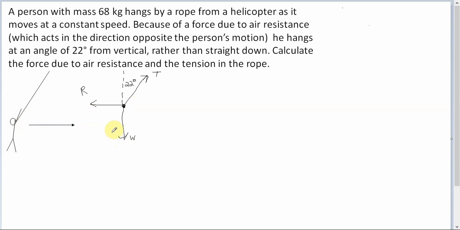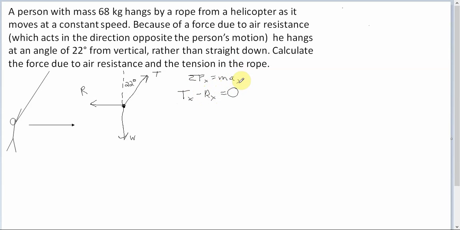So now that we've got our force diagram drawn, our next step is to apply Newton's laws of motion, or Newton's second law to be precise. The sum of the x components of the forces equals the mass times a sub x. I've got two forces with horizontal components, so this is going to be Tx minus Rx is equal to 0.